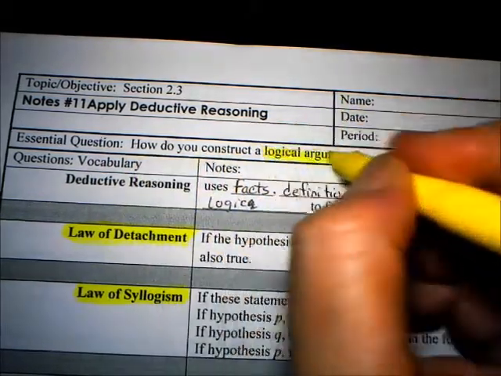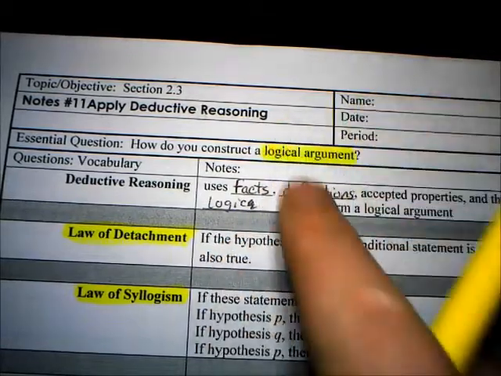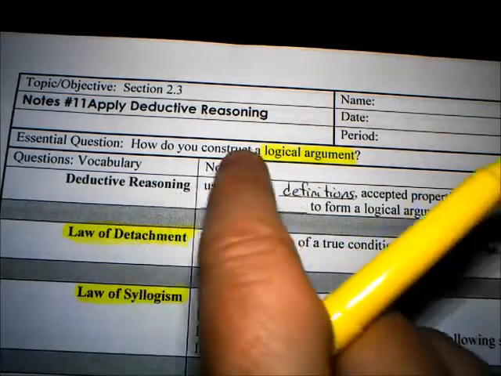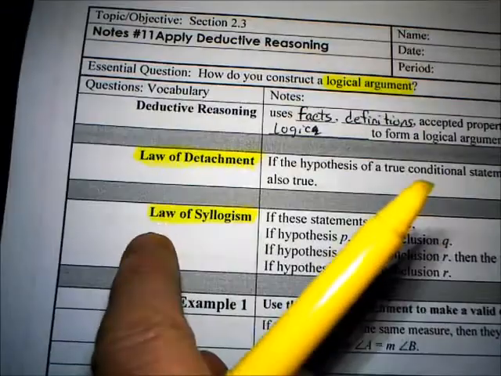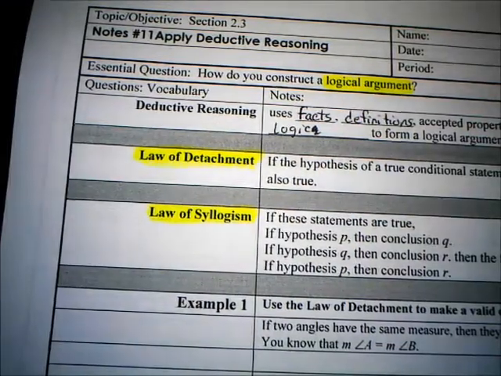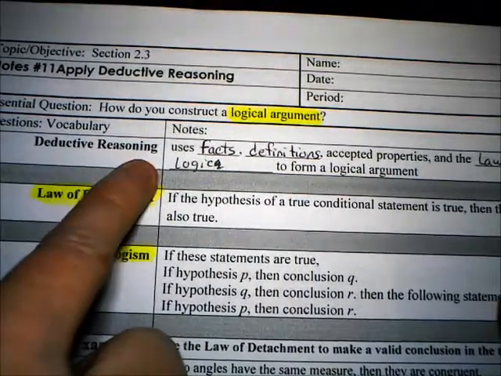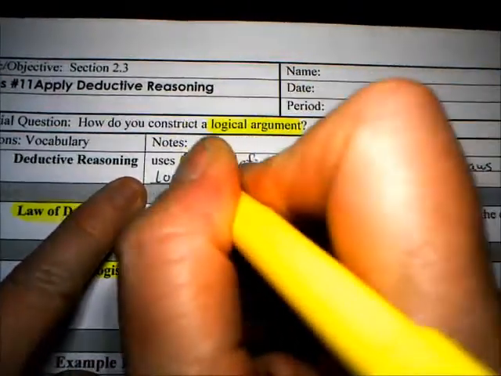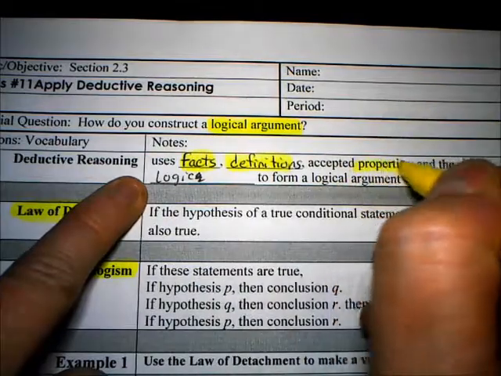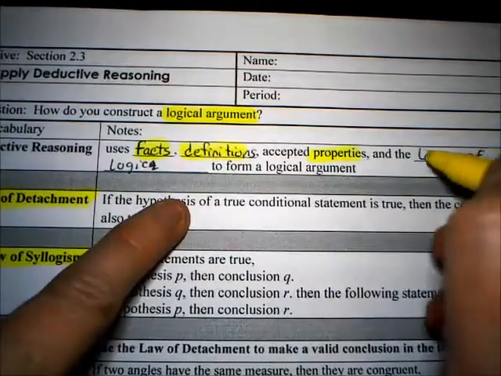And logical arguments are deductive reasoning. To construct a logical argument, the law of detachment and the law of syllogism are the ways to do it. In deductive reasoning, you have to have facts or definitions or properties, and you are allowed to use the laws of logic to make a logical argument.